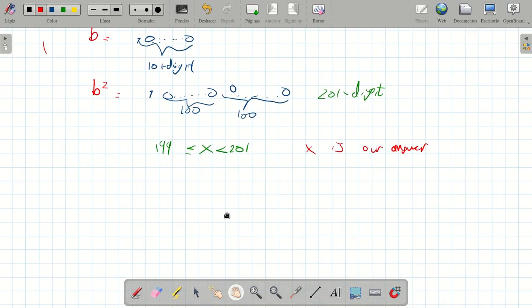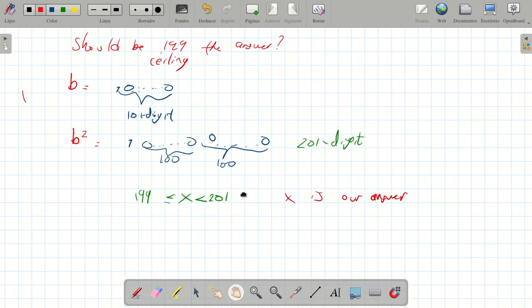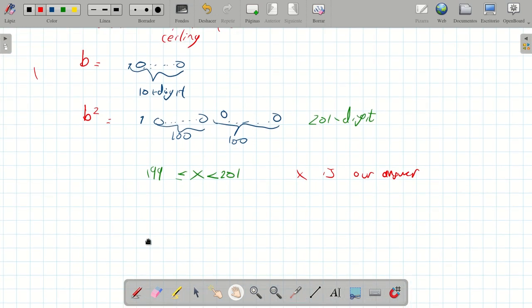So the next thing I'm going to do, in another example, is try to see if our number 29, a 100 digit number, has 199 digits if I square it.